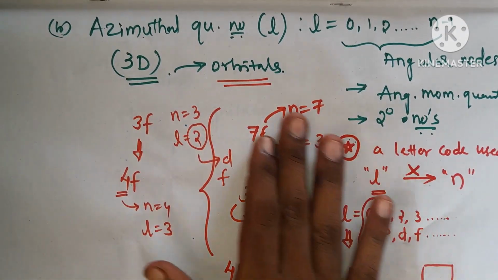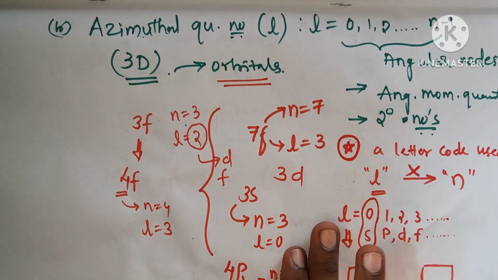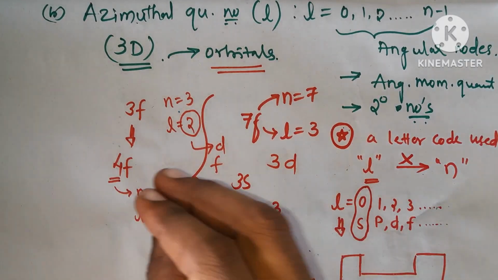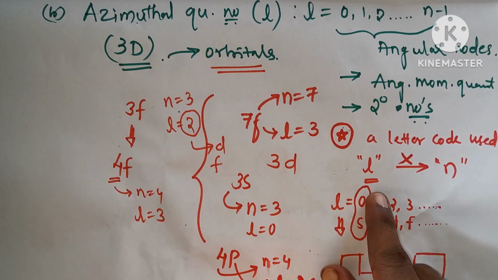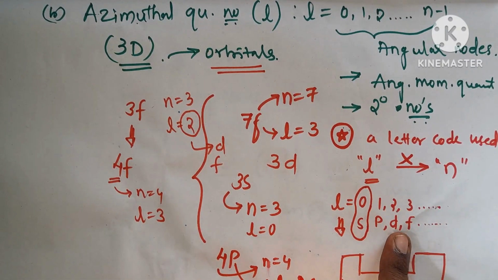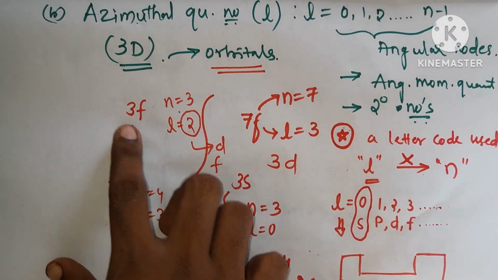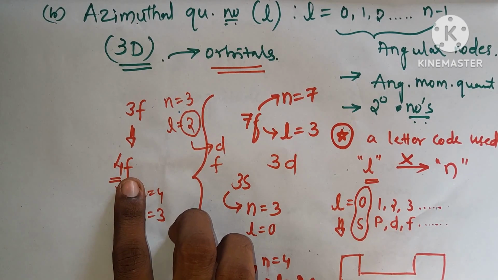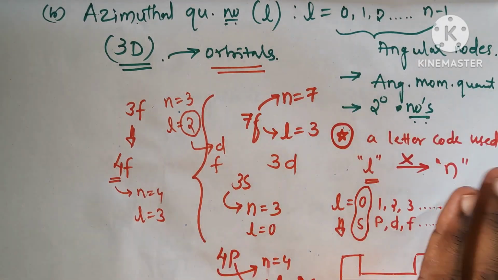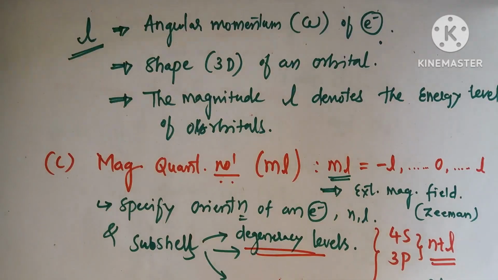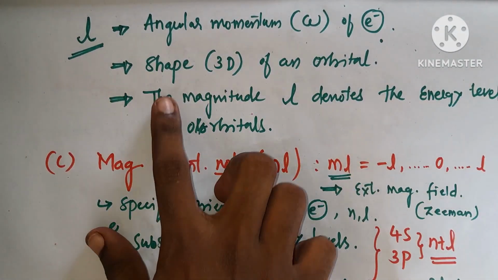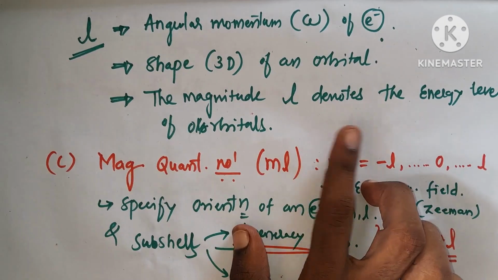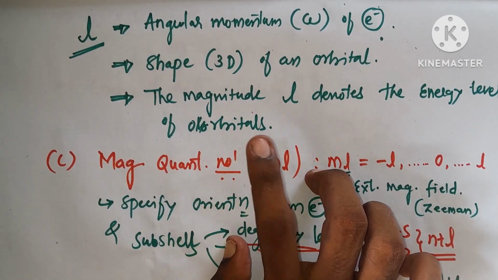So here, the important concept that we have discussed in the red letters, that is the notation of s, p, d, f with respect to the value of L, that is 0 to s, 1 to p, 2 to d, 3 to f. And why it is not possible to have 3f, instead it is possible to have only 4f, a similar concept we have discussed. So the definition is mainly regarding the shape, and L denotes the energy of orbitals.